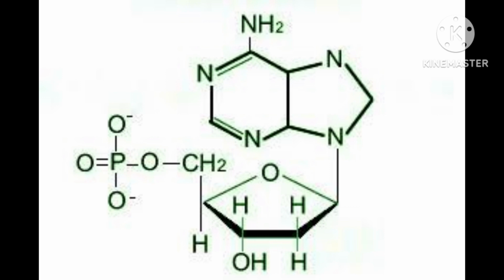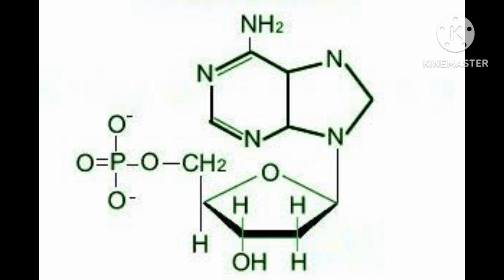It is a pentose, 5 atoms are there, 1 is oxygen and the rest are carbon, and with each carbon, OH and H are there. But with the 4th carbon, CH2OH will be attached. In the 4th carbon, H will be there, and in the place of OH, CH2OH will be there.